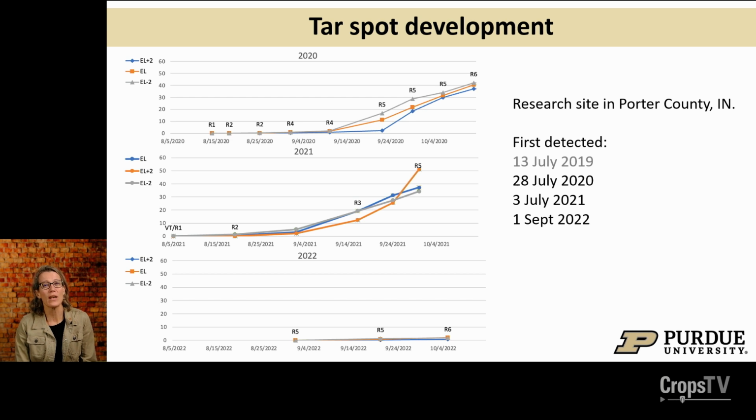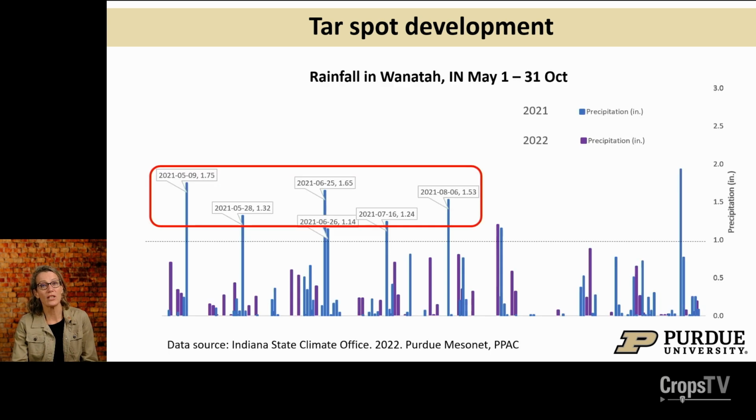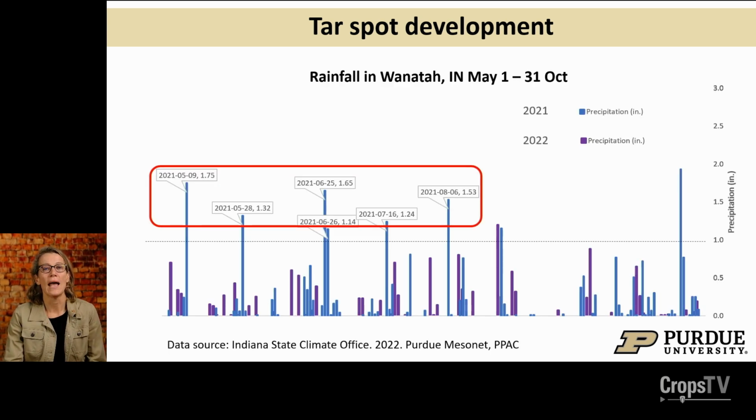So in 2021, the disease started earlier and it developed much, much more quickly than it did in 2020 and definitely in 2022. If we compare the rainfall from 2021 and 2022, the blue bars show the precipitation in 2021, and the purple bars show the precipitation in 2022.